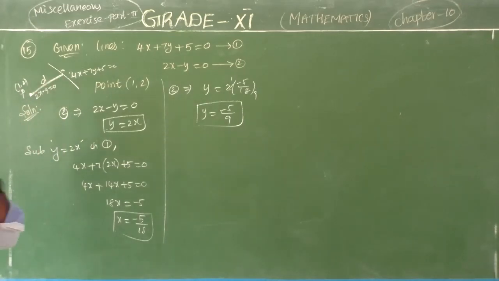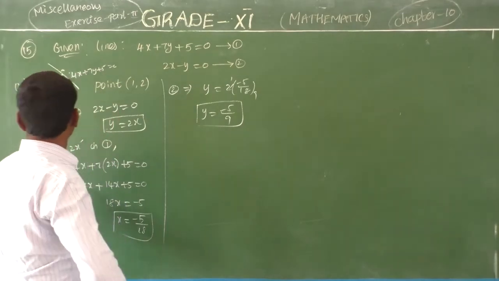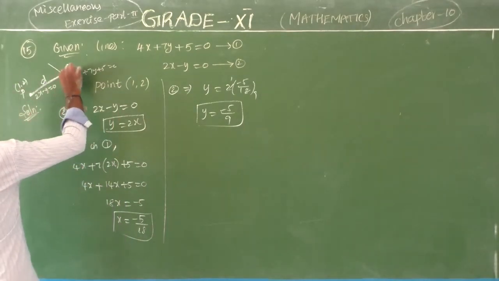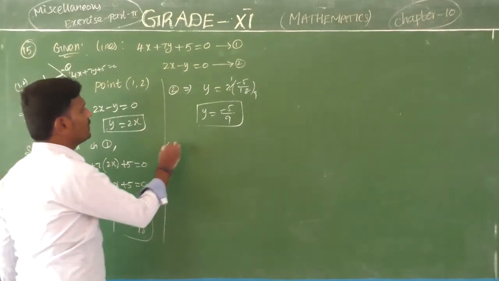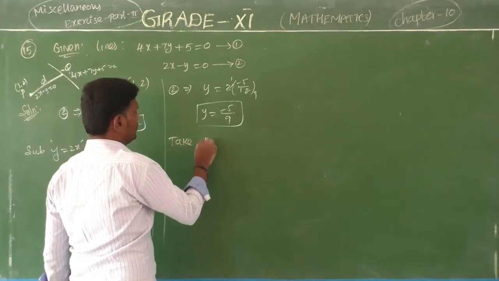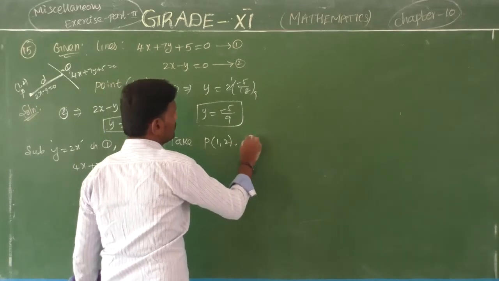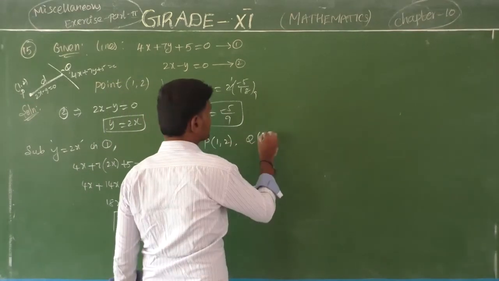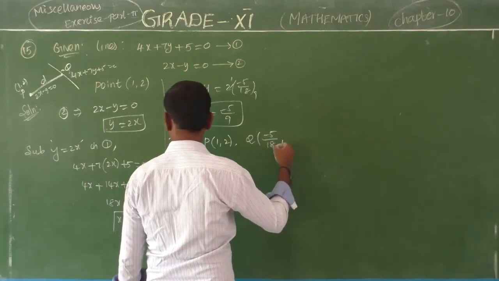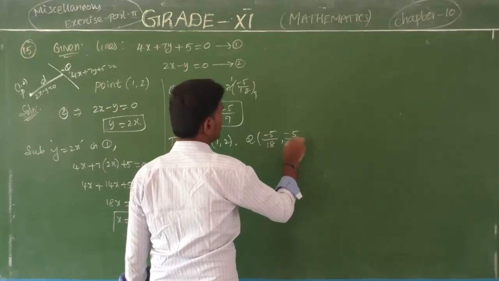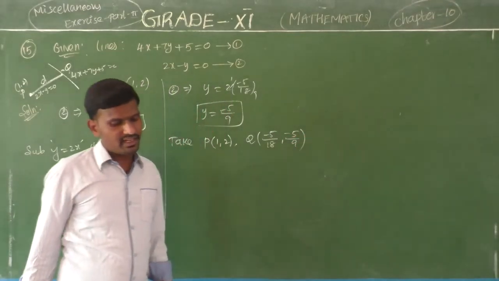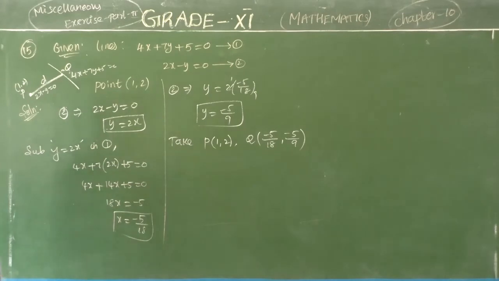Okay, student. Now I want to get the point P. Consider this as Q. Okay. So take the point P, that is (1, 2), and the point Q is (minus 5 by 18, minus 5 by 9).